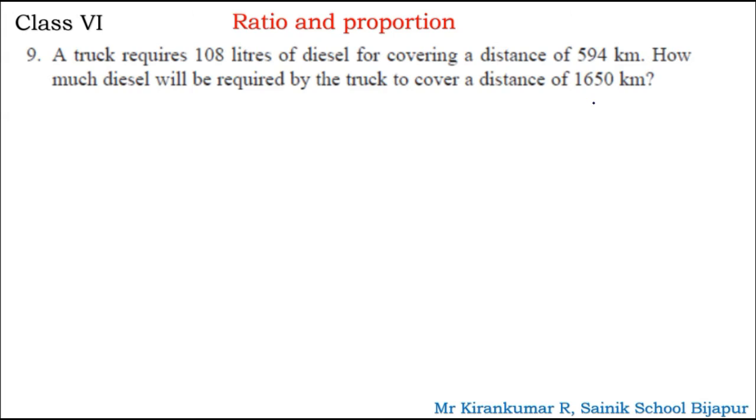Moving further on question number 9, a truck requires 108 liters of diesel for covering a distance of 594 kilometers. How much diesel will be required for the truck to cover the distance of 1650 kilometers? So to cover this distance, 594 kilometers, the truck requires 108 liters.